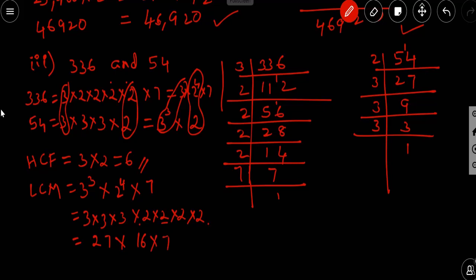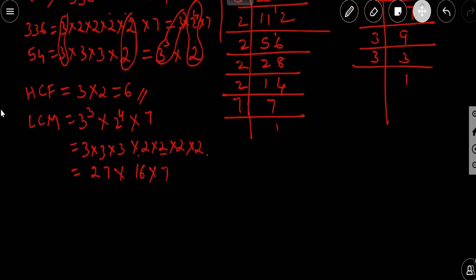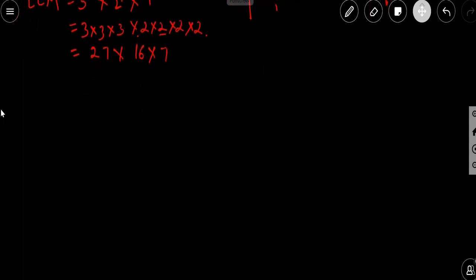So multiply this. I'll wait for a second, all of you. Multiply this and tell me the answer. So this is equal to 3024. Okay. Now next step, what we have to do? We have to write LCM into HCF.